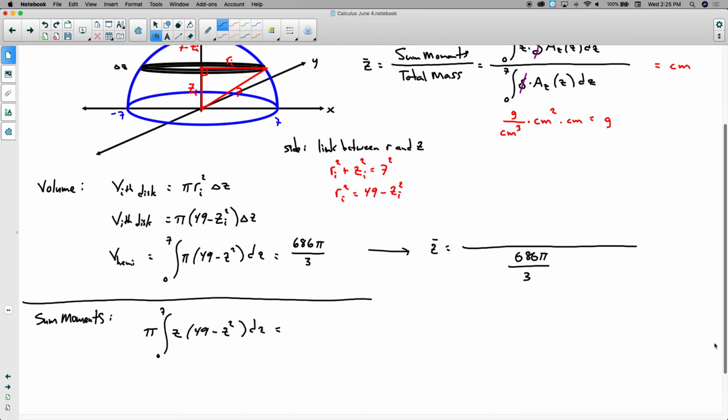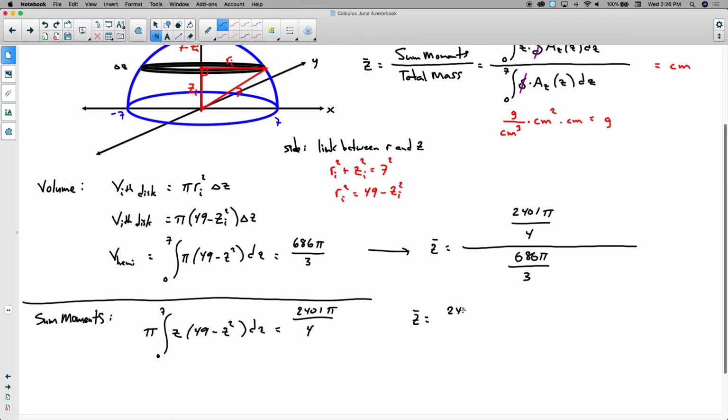All right, so let me get my calculator number for you. Okay, so that number is 2401 pi over 4. And I'll put that up here. Okay, so that's kind of an annoying setup there, but let's see what we got.